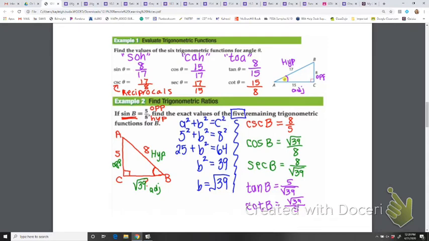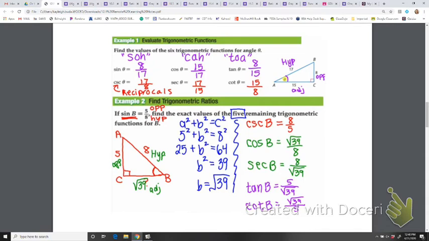Example 2, if we know that sine of B, or beta, is 5 over 8, find the exact values of the 5 remaining trig functions for B. I label a triangle ABC, it doesn't matter what, and I mark the angle that I'm looking for, angle B, and then I label the opposite, hypotenuse and adjacent sides.